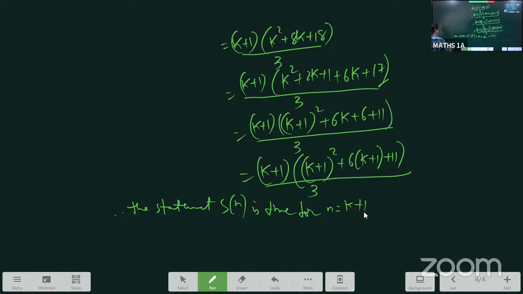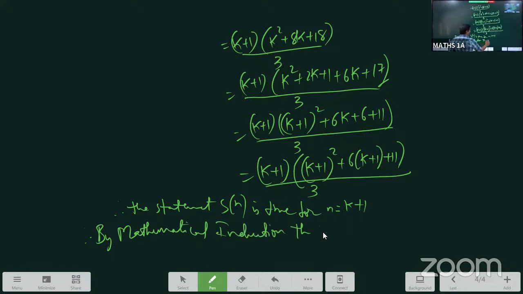Therefore, by mathematical induction, the statement S of n is true for all n belongs to N.